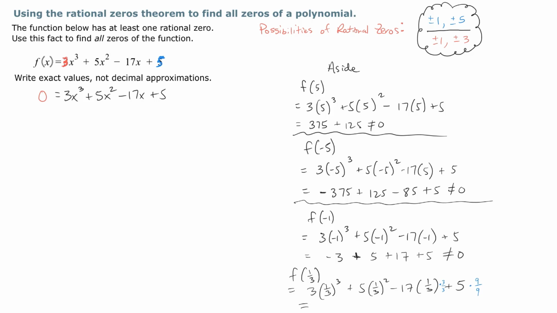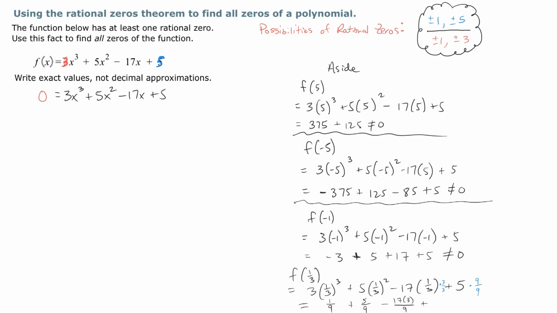This is equal to 3 over 27, so that is 1/9, plus 5/9. What do we have here? Minus 17 times 3 over 9.